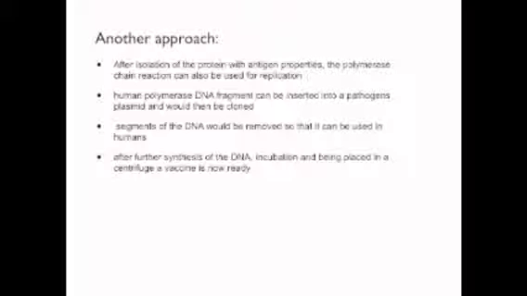Segments of the DNA would be removed so that it can be used in humans. After further synthesis of the DNA, incubation, and being placed in a centrifuge, a vaccine is now ready. This picture shows the polymerase chain reaction and the centrifuge used to make vaccines.